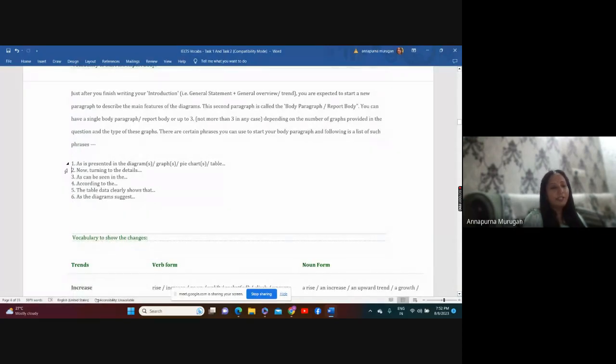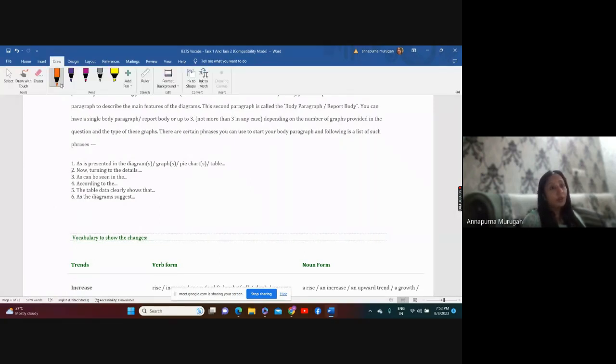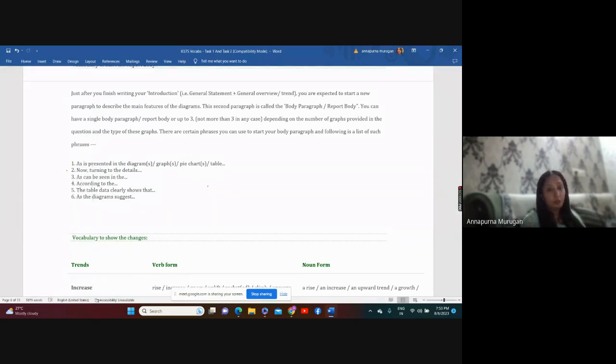So you have 6 startings you can use comfortably. In fact, not only can you start with them, you can also use them while you are explaining. So that means three phrases you can use for each of the paragraphs. Isn't it wonderful?